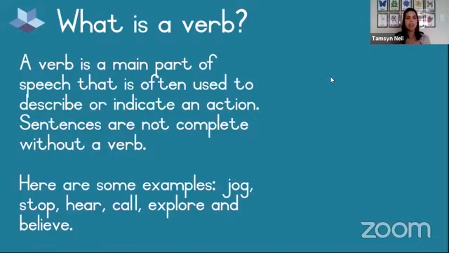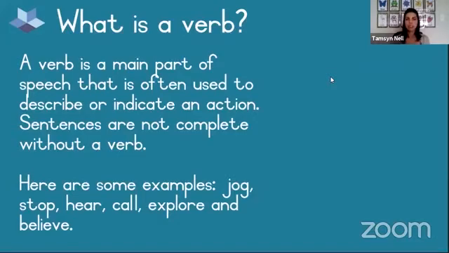A verb is a main part of speech that is often used to describe or indicate an action. Sentences are not complete without a verb. Here are some examples. Jog, stop, hear, call, explore, and believe.